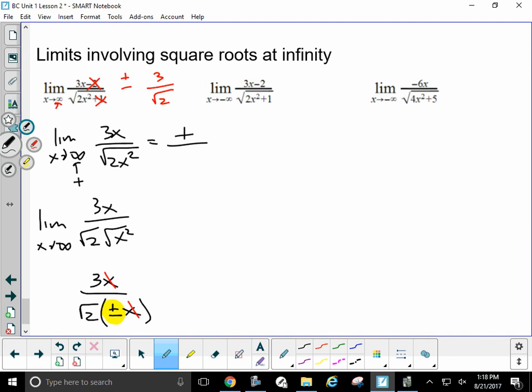Well, it's only when you're taking the square root of an unknown squared that you could say the original unknown is positive or negative. If I'm just taking the square root of a positive, I just get a positive. It's not a plus or minus. And this is a positive. This is why I know that we have a horizontal asymptote at positive 3 over root 2 as x is approaching positive infinity.